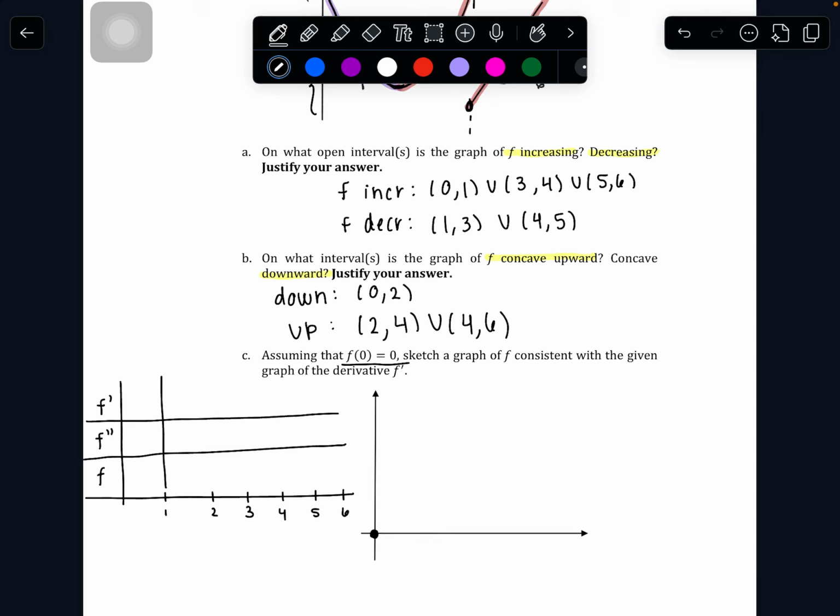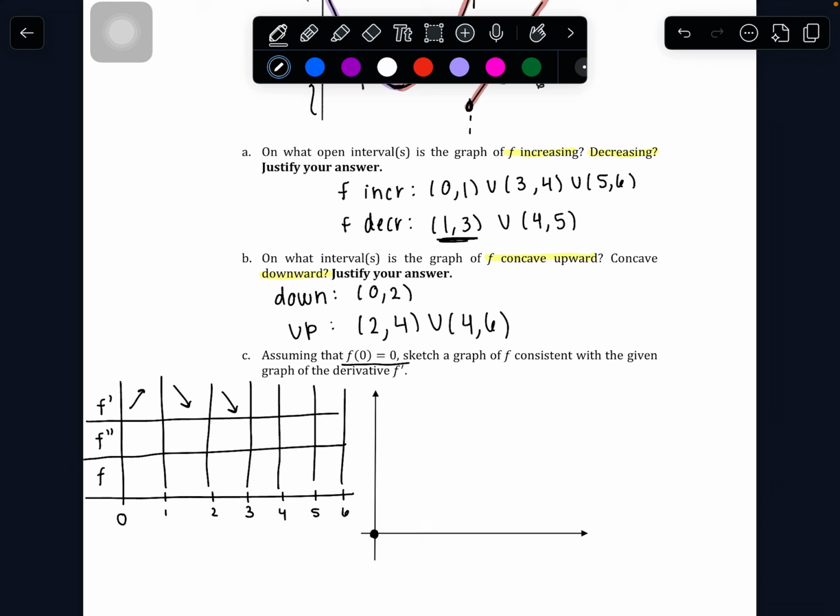Okay. So let's just get this graph going. Between 0 and 1, the first derivative is positive, so we said that f was increasing. And then we're decreasing from 1 to 3.